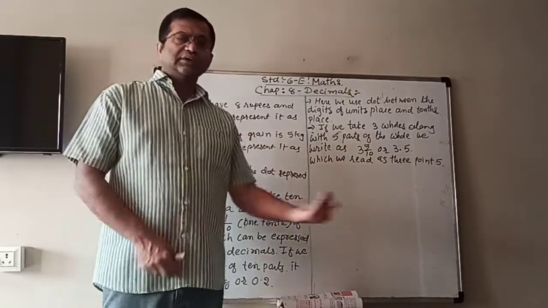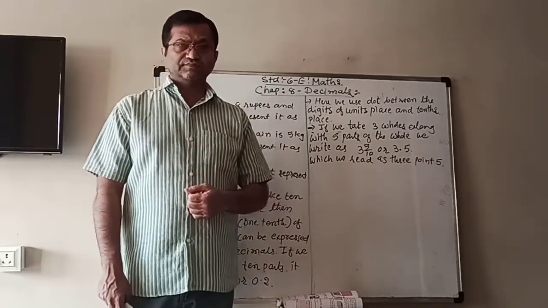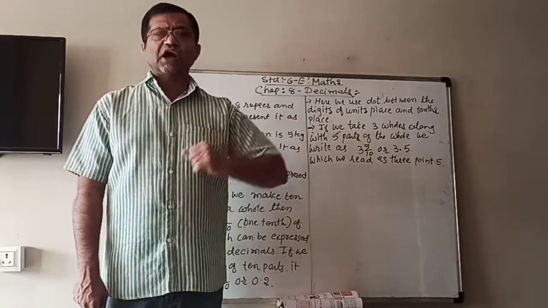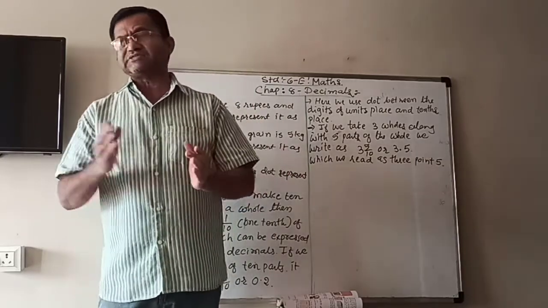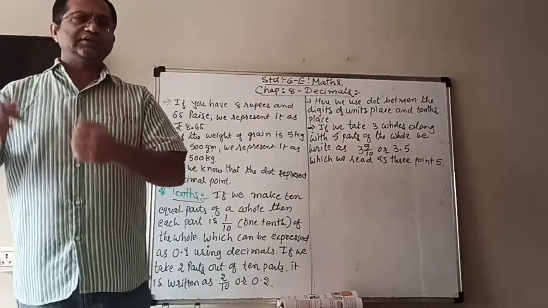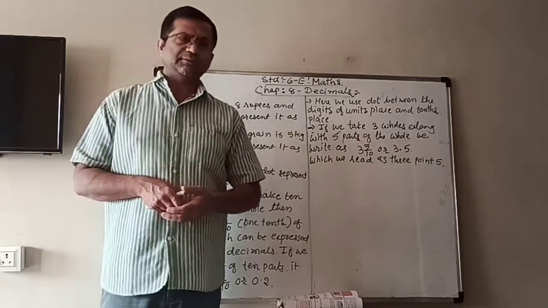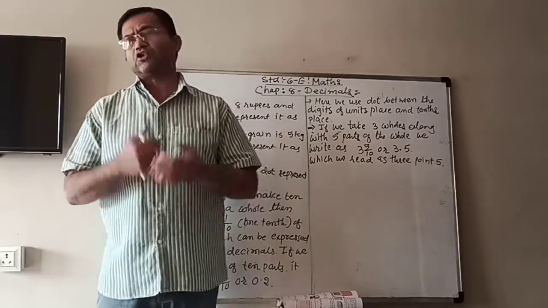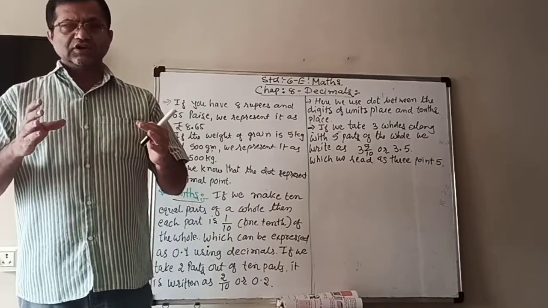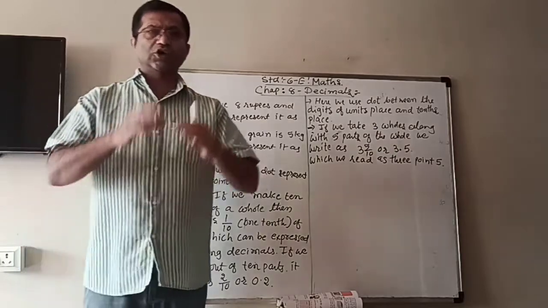Then left to it is the tens place, then hundreds place, thousands place, 10,000 place, and so on. You learn up to crore also. And then the international system, million, that also we already learned about. But that is for the natural numbers or the whole numbers.